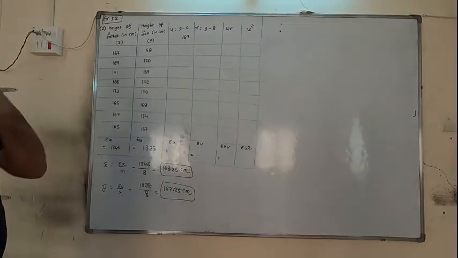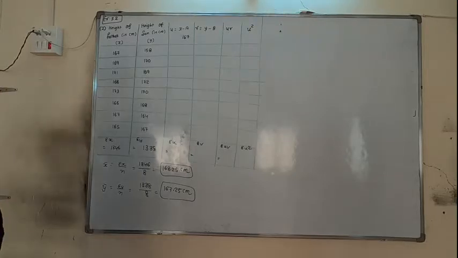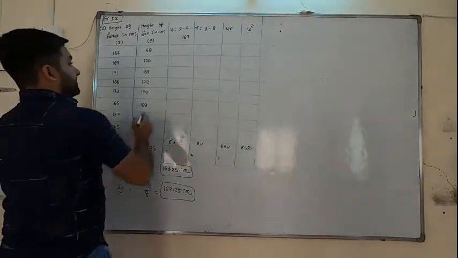Y bar is 167.25, so the value near is 167, and we check whether any value is repeating. The repeating value is 170.